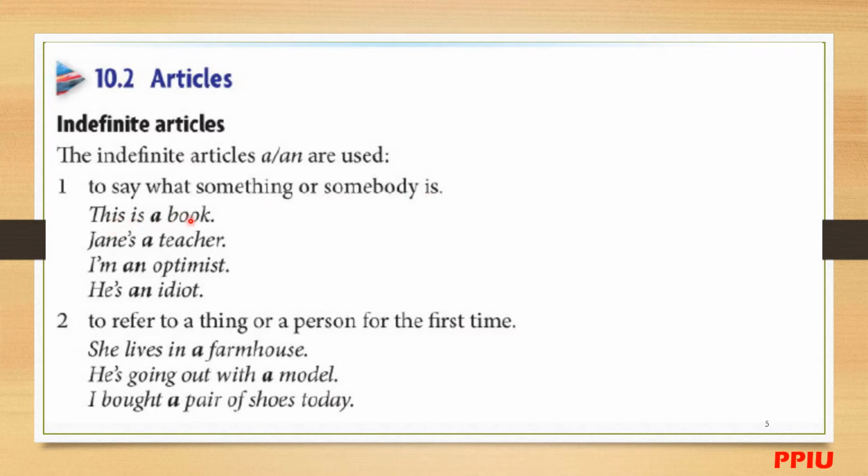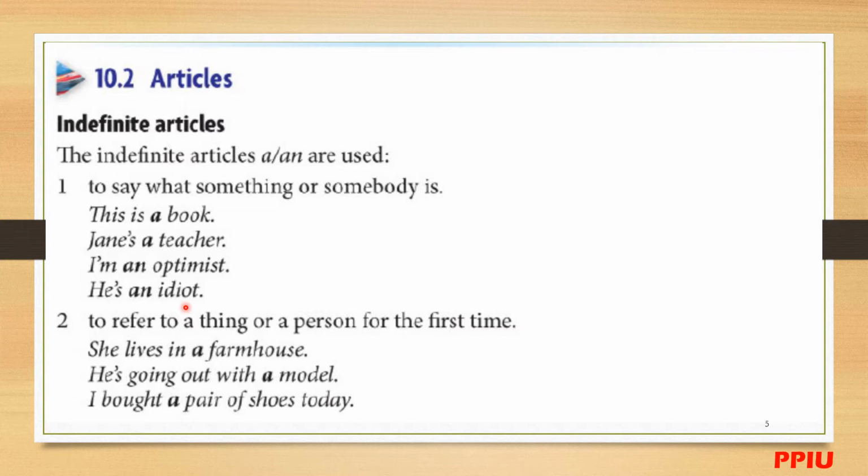This is a book, you see it, right? A book. James is a teacher and an optimist. He's an idiot. All right, so articles a and an are used to talk about what something or somebody is.